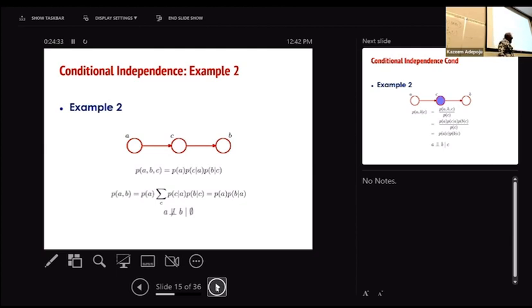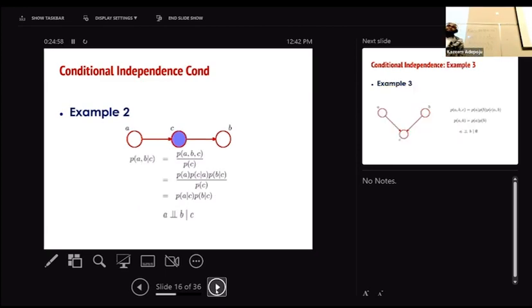Any question? And if you take a look at what I have here, A and B are not independent, given nothing. Now, when I say A and B are not independent, what are we trying to say? They depend, given nothing. Take a look at that. Now, I want you to take a look at this. When we don't observe C here, what if in a situation where C is observed?